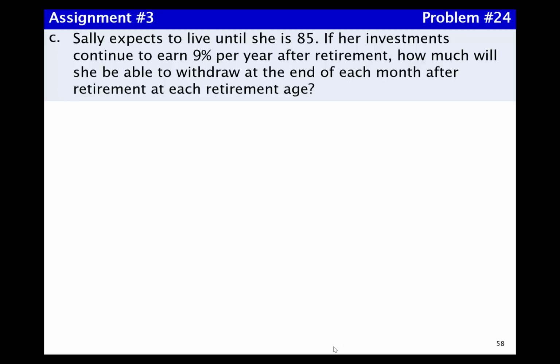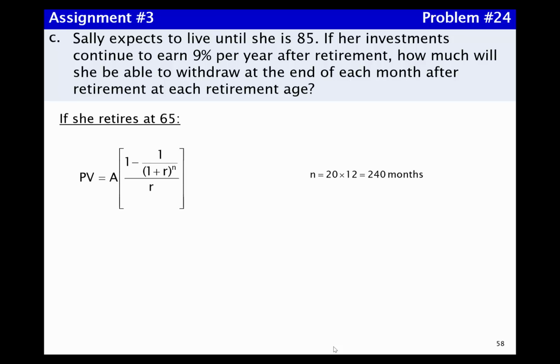Okay, Sally expects to live until she's 85. If her investments continue to earn 9% per year after retirement, how much will she be able to withdraw at the end of each month after retirement at each retirement age? Okay, if she retires at age 65, now you're going to take the amount that she accumulated when she was 65 and spread it into an annuity over 240 months. Because if she retires at 65 and plans to live until 85, she's going to make 20 years or 240 months of withdrawals.